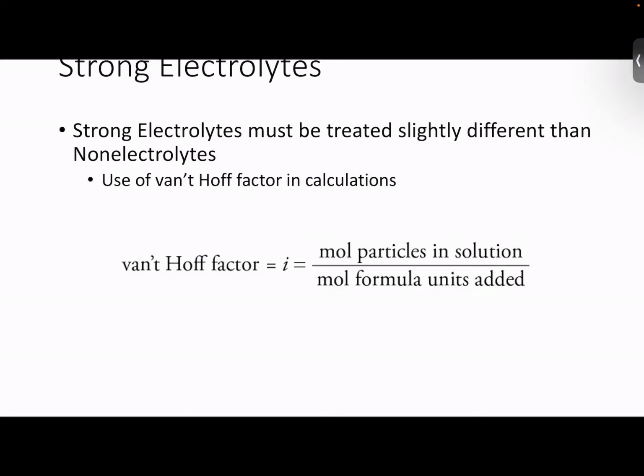So what I was telling you when I said this sodium chloride forms 2 particles, that's its Van Hoff factor. Calcium nitrate forms 3 particles, that's its Van Hoff factor. Hydrochloric acid forms 2 particles, that's its Van Hoff factor. So we have to take this Van Hoff factor into account in our calculations.